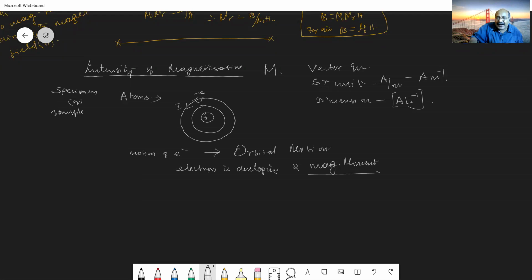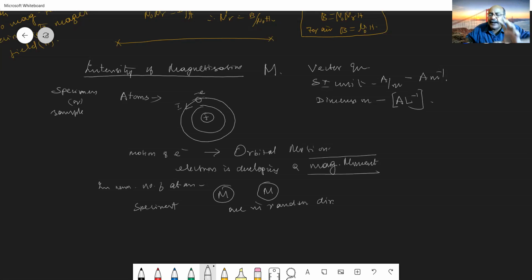When you consider the magnetic moment of all electrons, because you have innumerable atoms, each and every atom has that magnetic moment for each and every electron. When I consider the specimen, all the magnetic moments produced by the electrons in the atoms are in random directions.